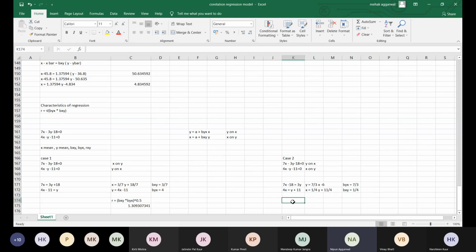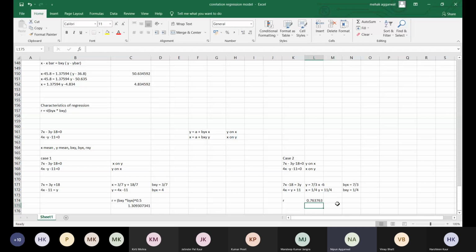So then what is the value of r? r is equal to 7 by 3 into 1 by 4, whole raised to the power 0.5.